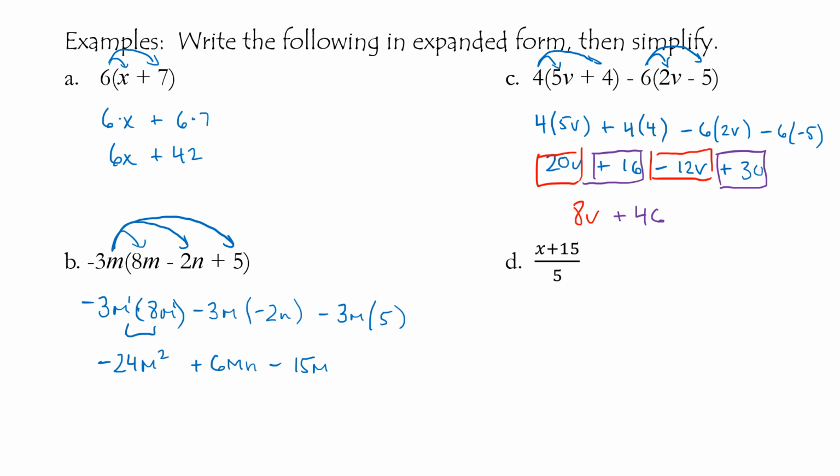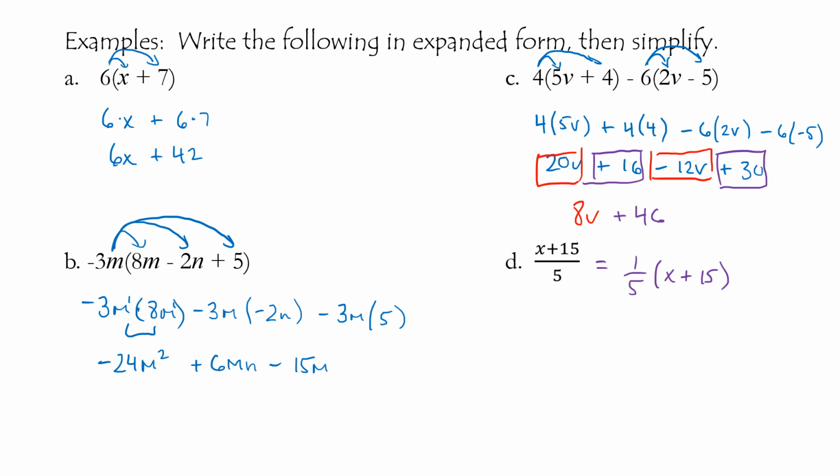All right, looking at D here, I have x plus 15 over 5. It doesn't look like the same problems that we've been dealing with, but dividing by a number is the same as multiplying by its reciprocal. So dividing by 5 is the same as multiplying by 1/5. So this is really 1/5 times the quantity x plus 15.